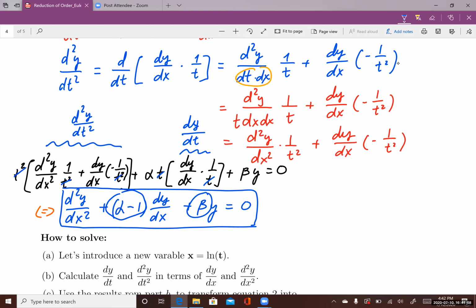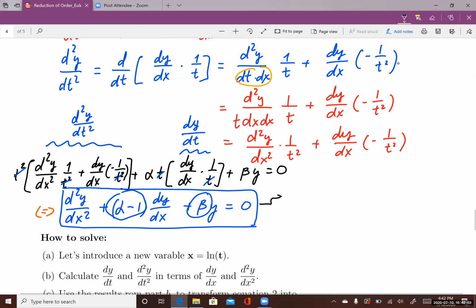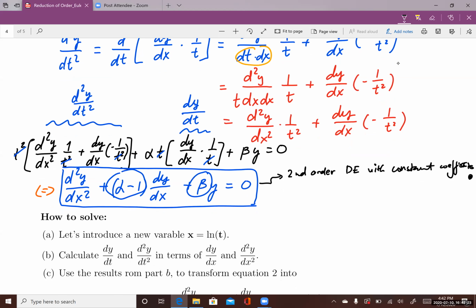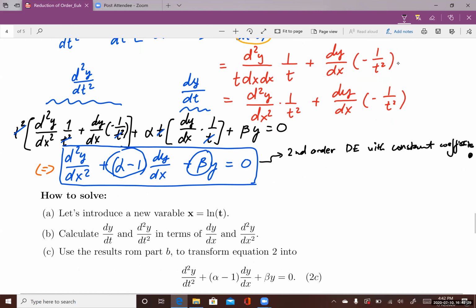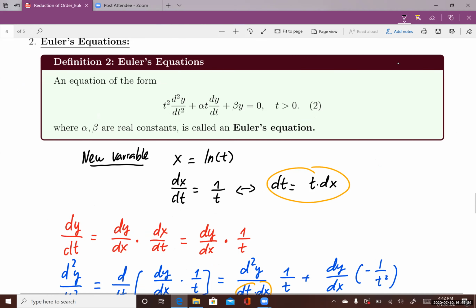So now I have a second order differential equation with constant coefficients, and I know how to solve for that. Then I can solve for x. Once I have x, I can solve for y.